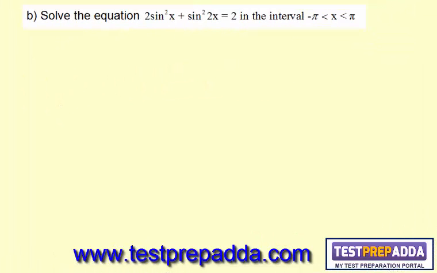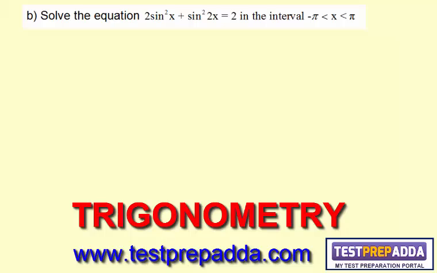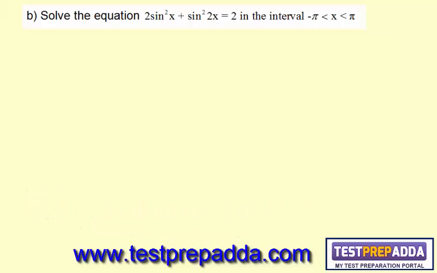Now this question says, solve the equation 2 sine square x plus sine square 2x is equal to 2 in the interval minus pi less than x less than pi. So the domain is given as minus pi to pi. Equation is 2 sine square x plus sine square 2x is equal to 2.